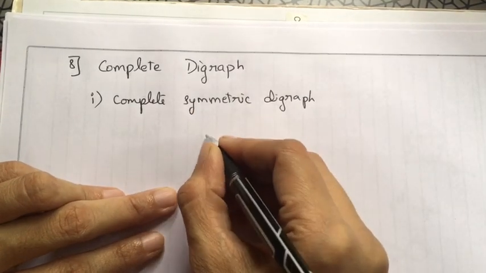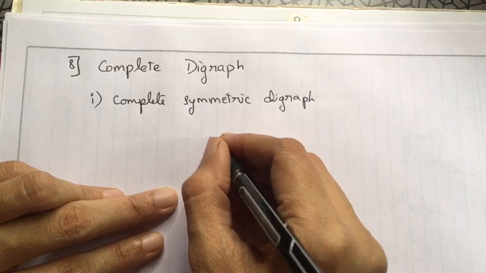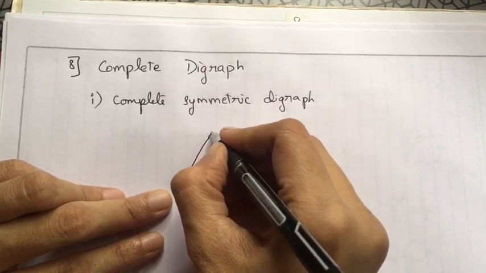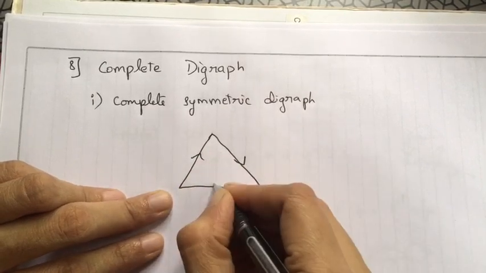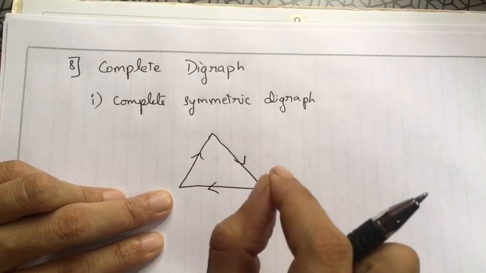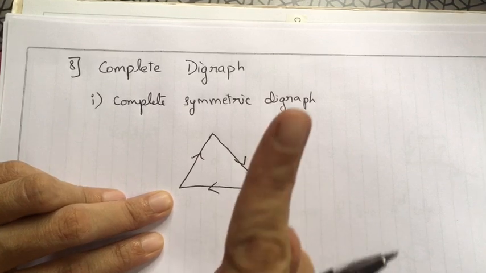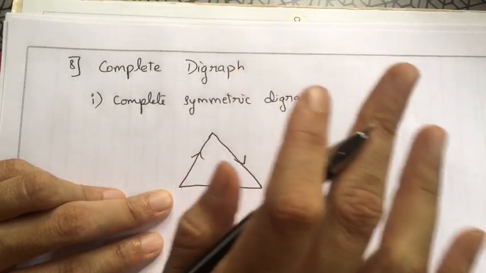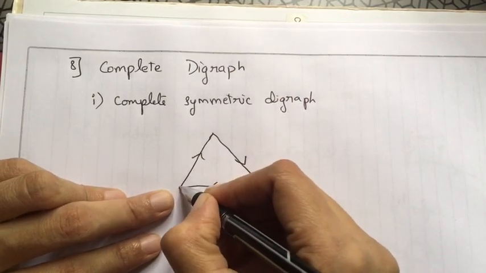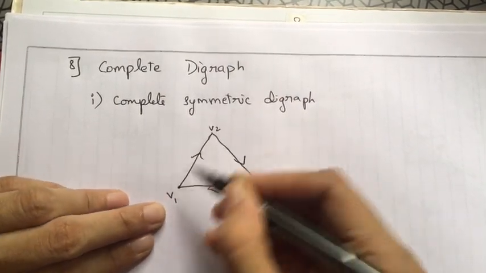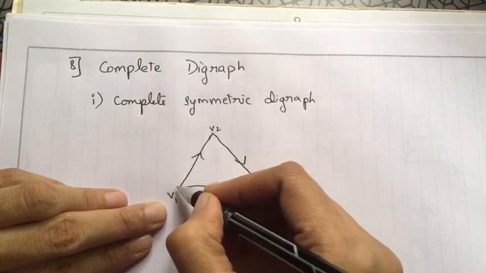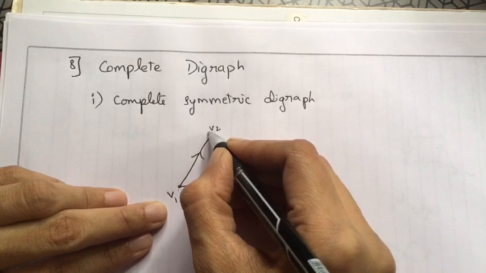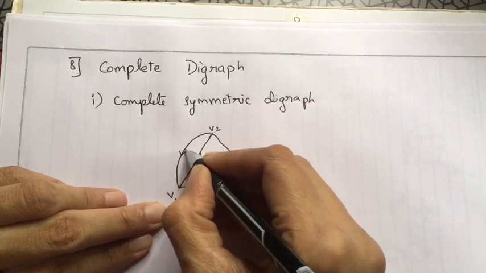For example, say this is the graph. It says there is exactly one edge directed from each vertex to every other vertex. Now when I consider v1 to v2, there is a directed edge from v1 to v2, but there is no edge from v2 to v1. So to make it complete symmetric, I am drawing it like this.